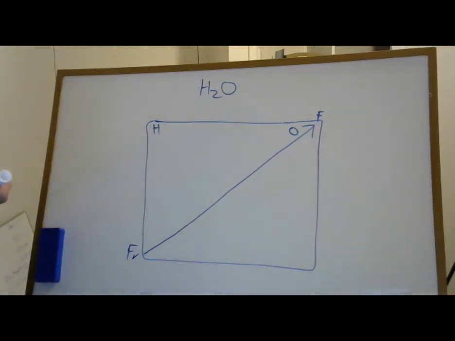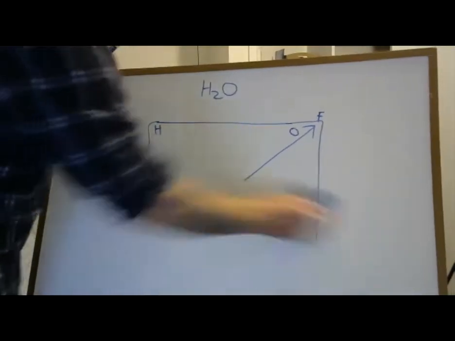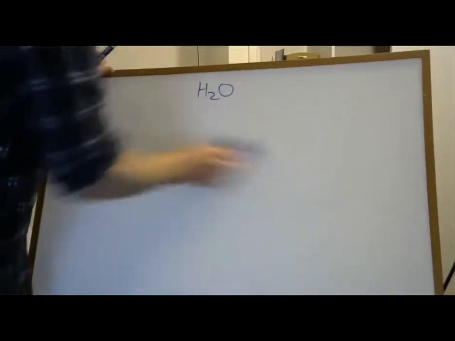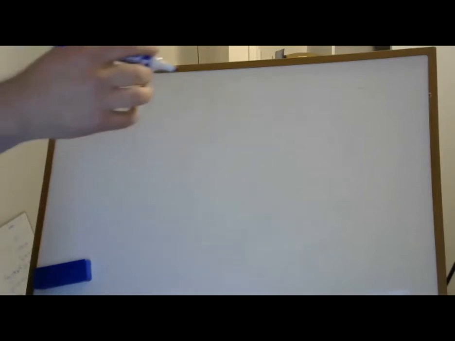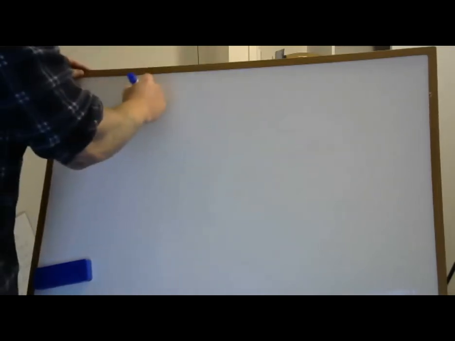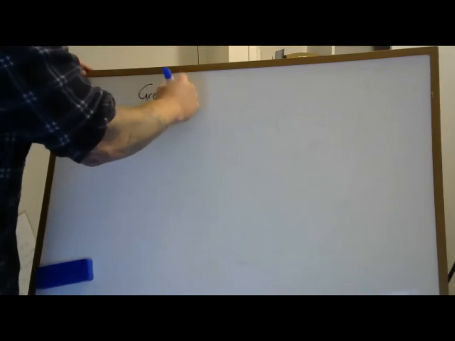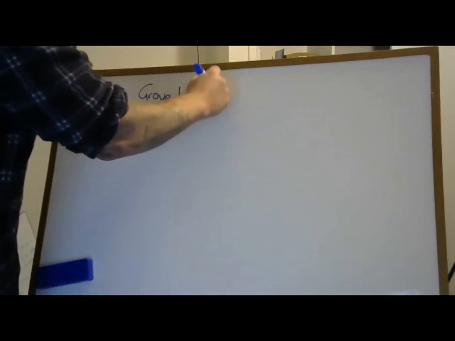So, I think I went over this earlier. The oxidation states of the elements, you can tell based on where they sit on the periodic table. So group 1 metals, +1.